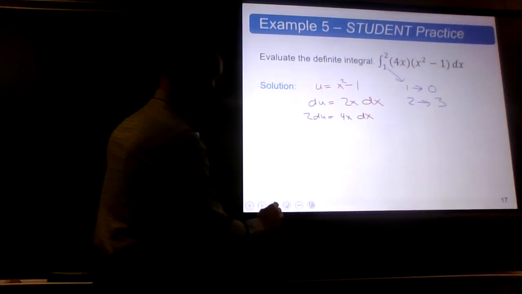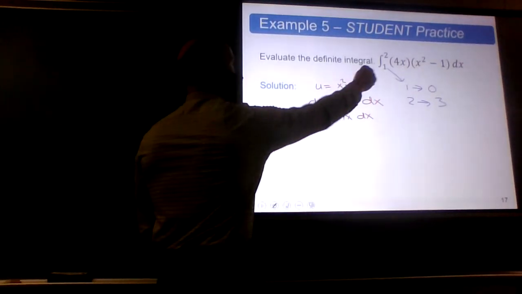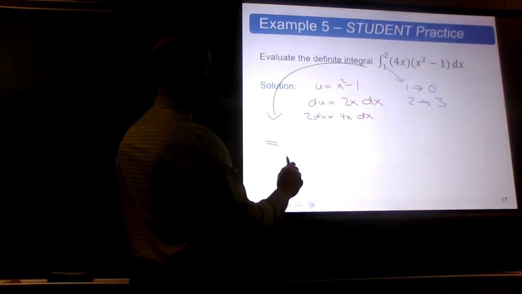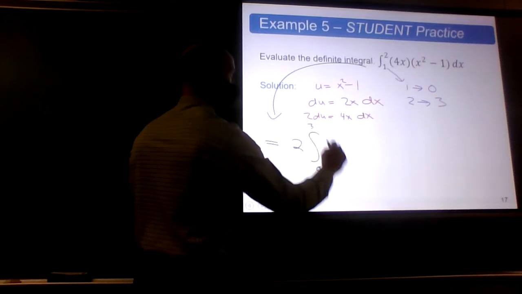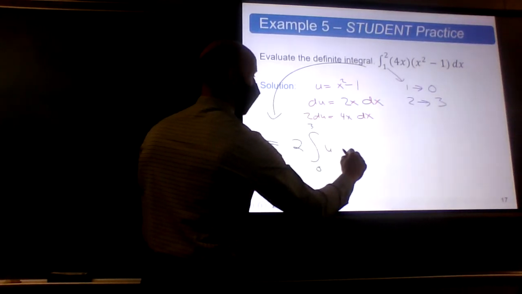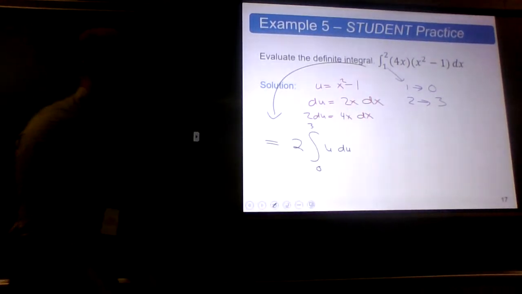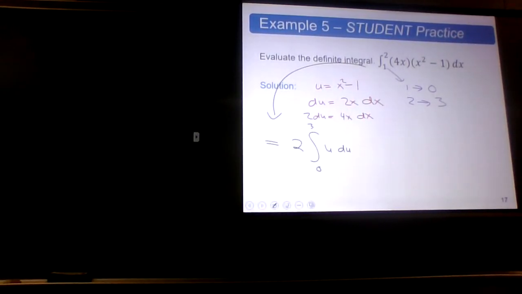But here's what we then can say. This integral is equal to 2 integral from 0 to 3 of u du. I'm just going to write it down, and then I'm going to try to make sure I connect all the dots.